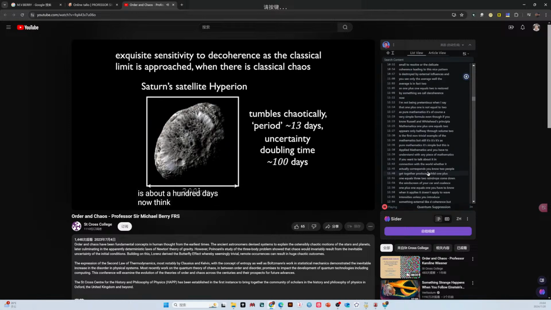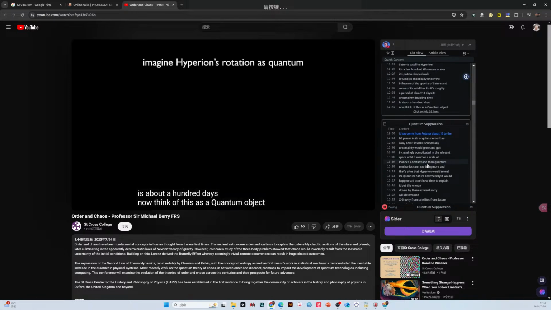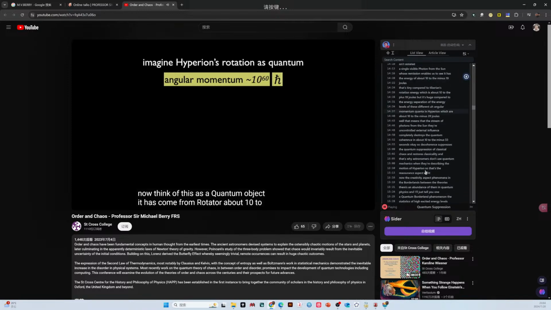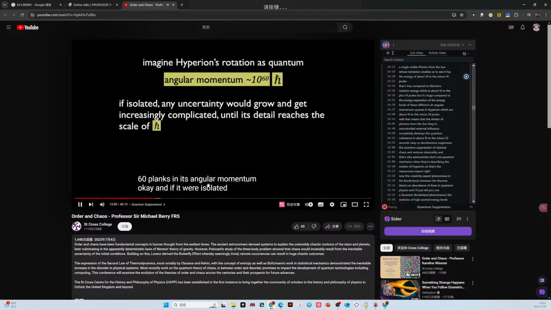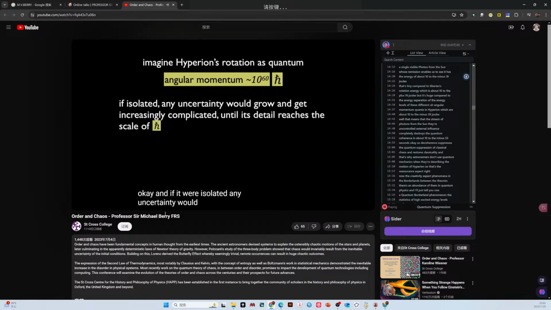Now, think of this as a quantum object. It has a quantum rotator, about 10 to the 60 Planck's constants in its angular momentum. And if it were isolated, any uncertainty would grow and get increasingly complicated in the relevant space until it reaches a scale of Planck's constant, and then quantum mechanics can't see it anymore.